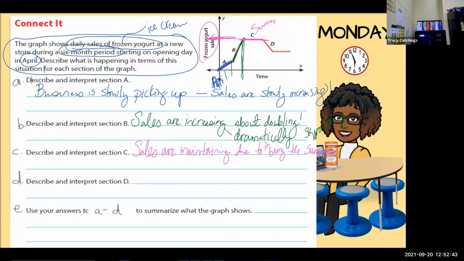How many sales we got? So we know we're not at zero, so we are making some sales. And then if you look again, we know we're going to stay that whole way throughout the summer. That means we are really booming. Sales are maintaining due to it being the summer. So it didn't stop, those sales are just maintaining what it is.